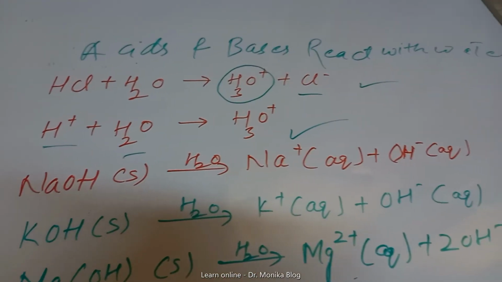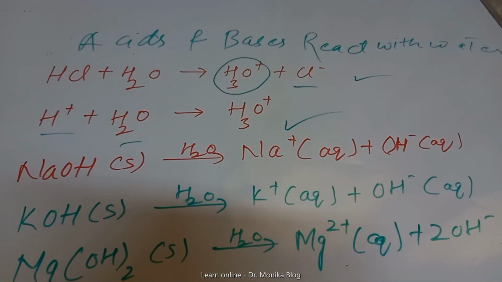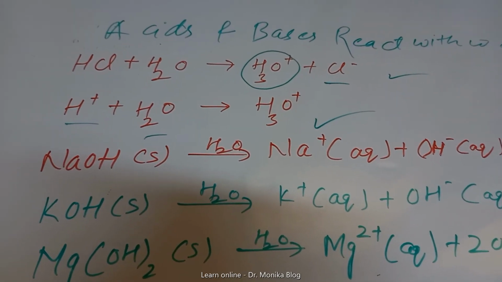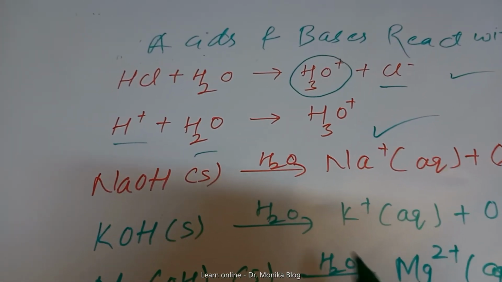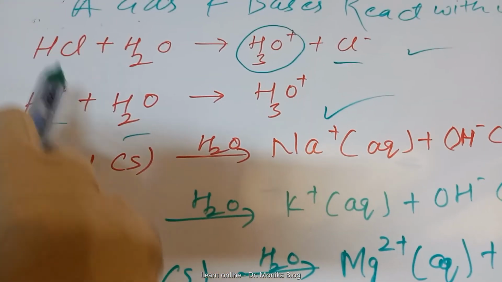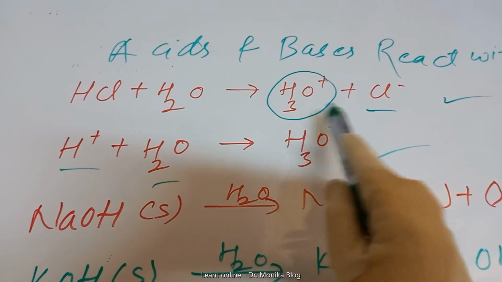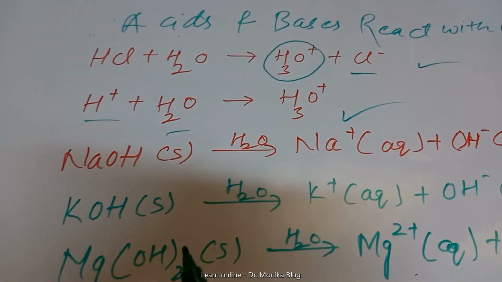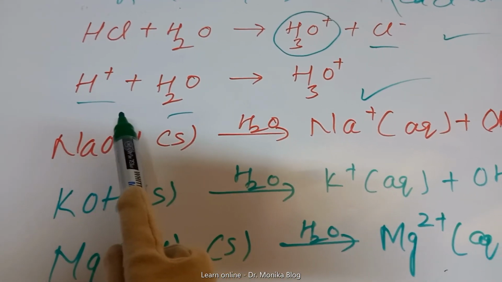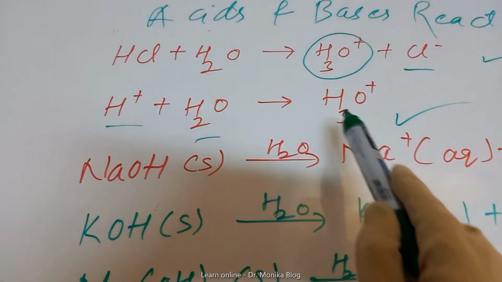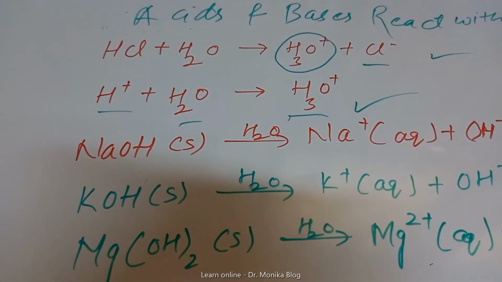Now we will study how acids and bases react with water. Hydrogen ions in HCl are always produced in the presence of water. When HCl reacts with water, it forms hydronium ion plus chloride ion. Hydrogen ion plus water further react to form hydronium ion.